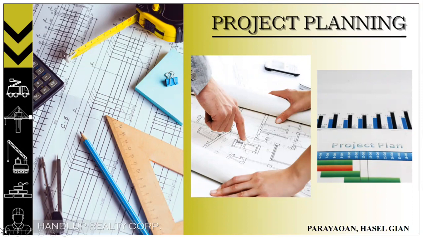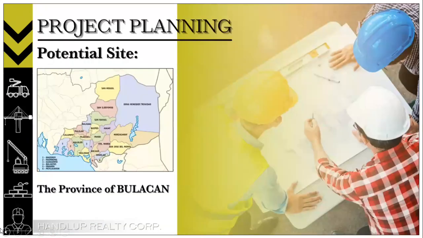This is also the part where the client selects an architect firm or a contractor to initiate the design process. The potential site for the building will be stated in this phase as well. As for this project, the potential site is located in the province of Bulacan.